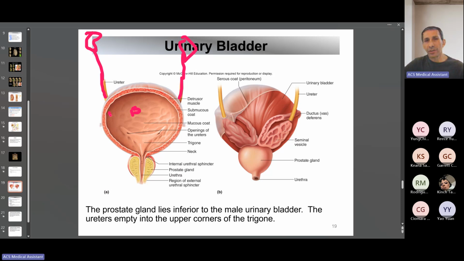So all the urine starts going down and fills this part first, and keeps on this way. When we reach about half of the urinary bladder, when it's half full, that's when you have the sensation that you want to pee.